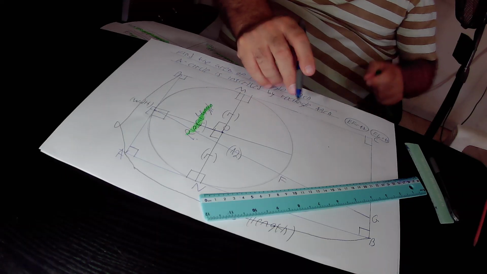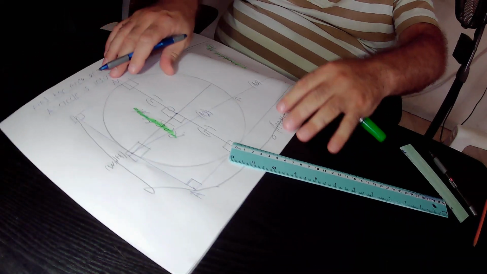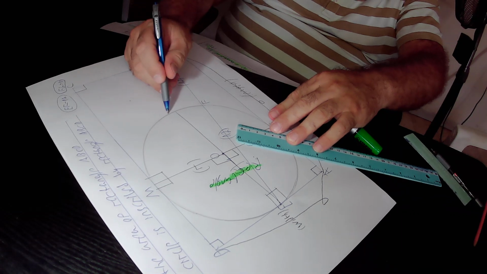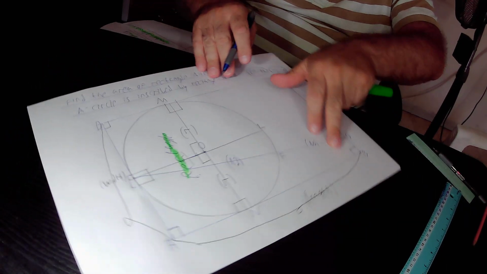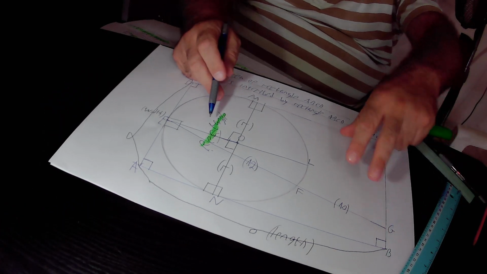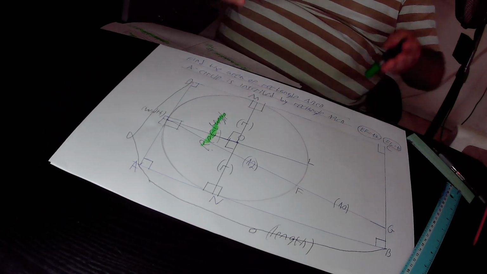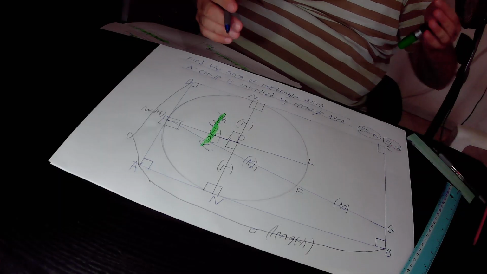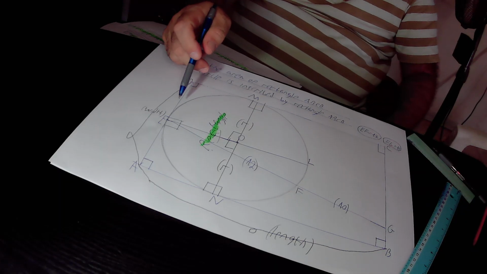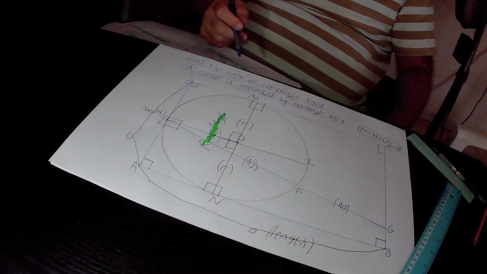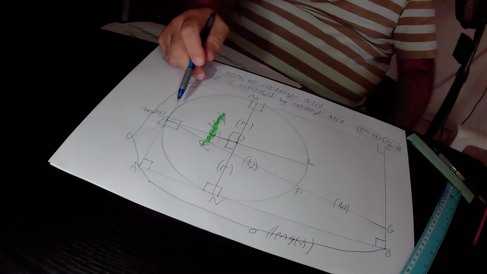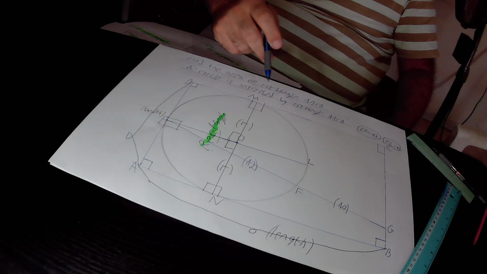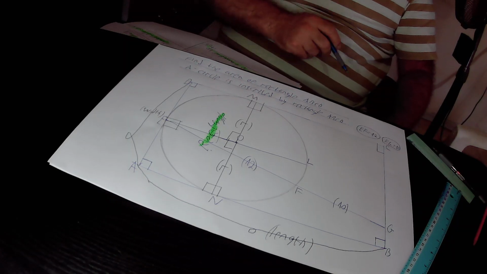This point is point L. So actually, we extended the radius EO, that is a straight line, by a straight line. When you extend a straight line by a straight line, the result must be a straight line. Therefore, EL must be a straight line that touches the circle at 2 points, point E and point L. And therefore, EL is a chord.